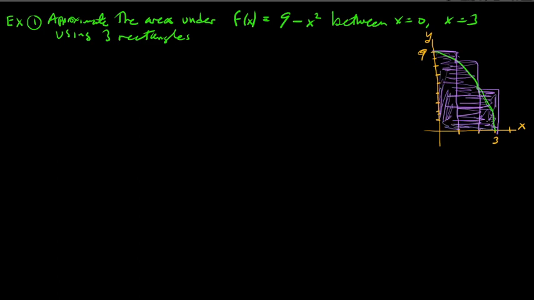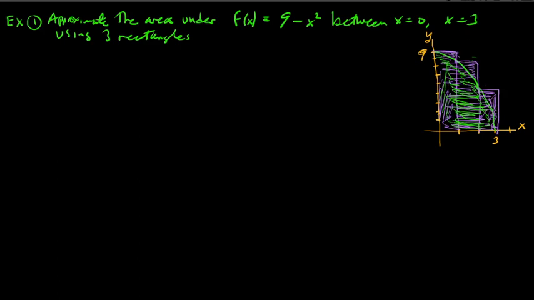So the purple area is the area of the rectangles, but I want the area just under the curve. I want this green area in here. Some of it is the same as the purple area, but you can see that the purple area goes over that, so there's extra area up here that should not be included.